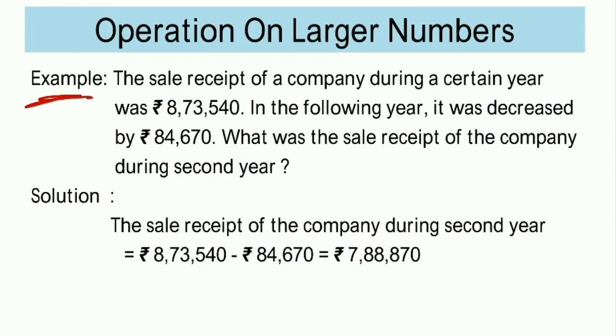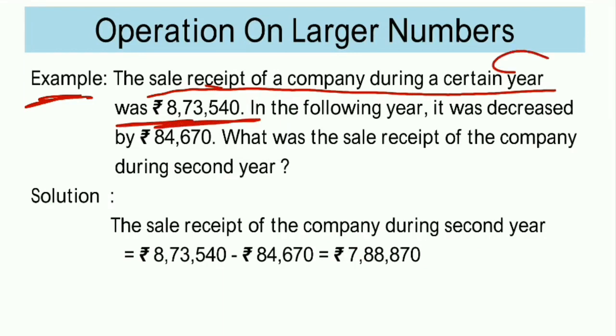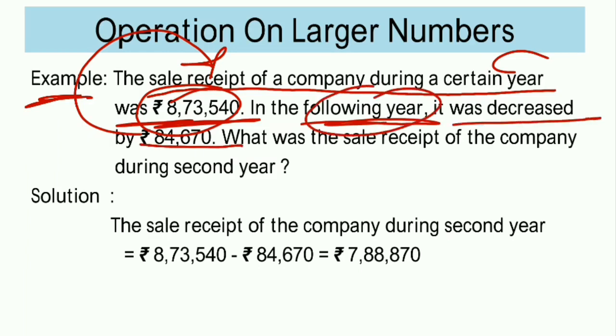Now the next example is that the sale receipt of a company during a certain year was this much, means in a year the sale of this much has been done in a company. In the following year, the next year, it was decreased by this much.